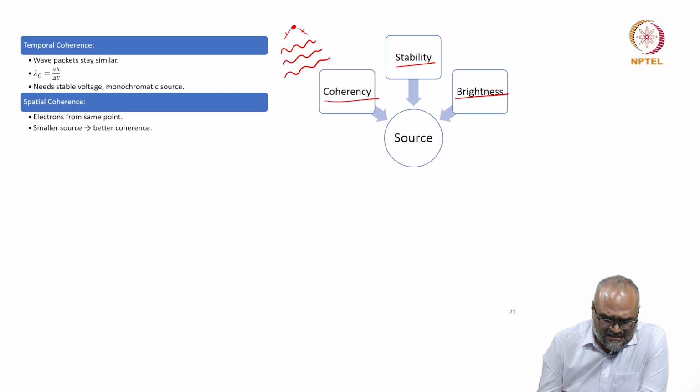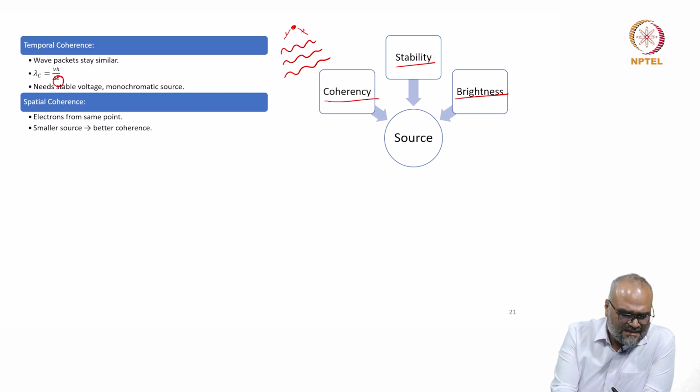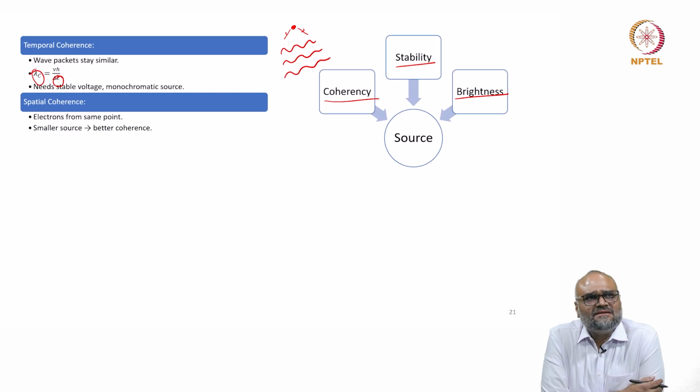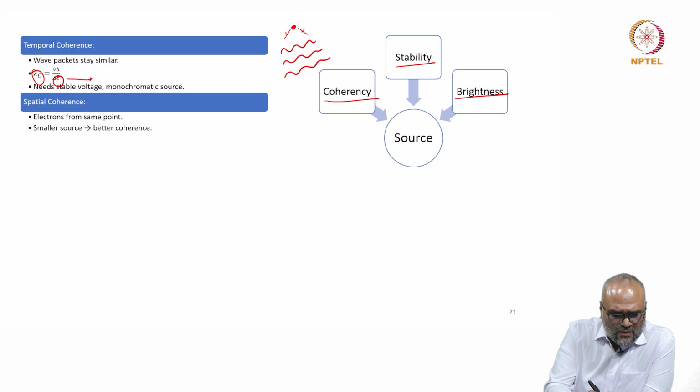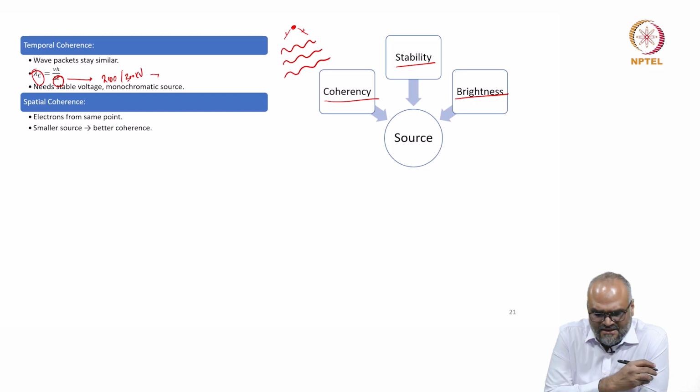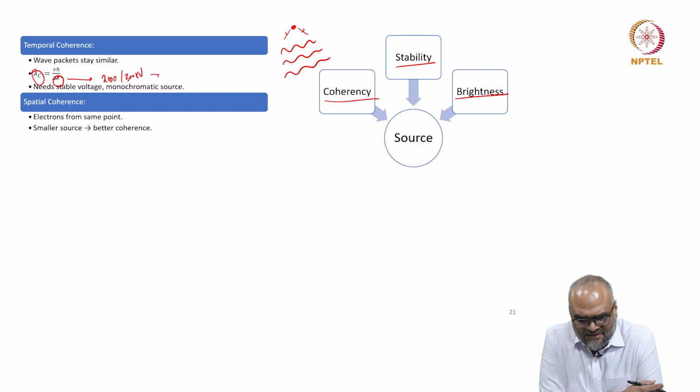Let us say I apply a potential of 3.5 or 4 kilovolt, I get electrons being emitted, and then there is some wavelength, and eventually I accelerate it over a potential of 200 or 300 kV. Accordingly, the wavelength of the electrons that are emanating from the source is going to change.